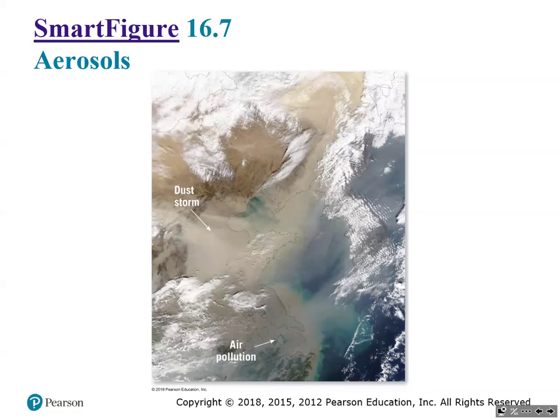So tiny bits of sand are carried across the Atlantic Ocean and help to seed clouds above the Amazon. Sort of a complex, strange system. So here's a short video about aerosols.